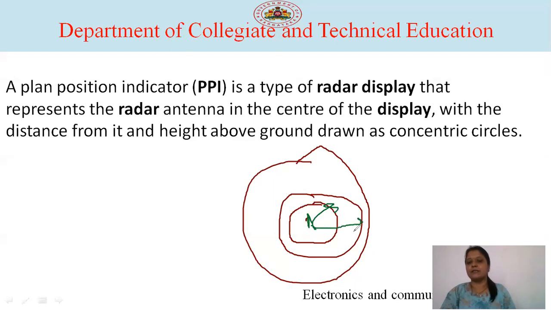That represents the distance of the target from the radar antenna, and also the height from the ground to that particular target. For example, if a target is present, what height the target is at is also represented by these concentric circles. Therefore, wherever the target is, we will receive some bright spots on the screen.